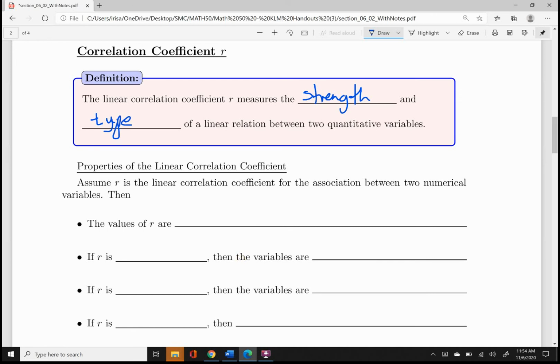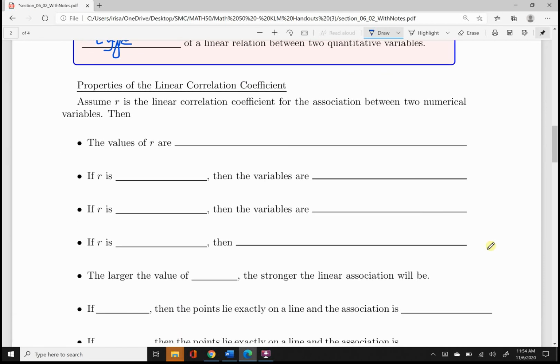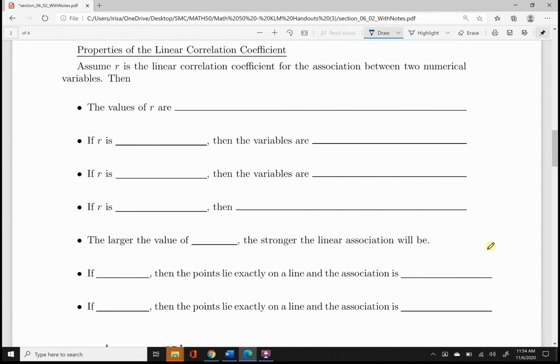And then there are lots of different features of the R linear correlation coefficient that I want to address with you guys. So the values of R are going to range between -1 and 1, including those endpoints. The values of R are between -1 and 1, inclusive.